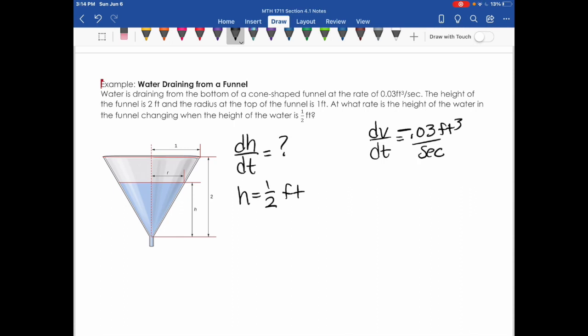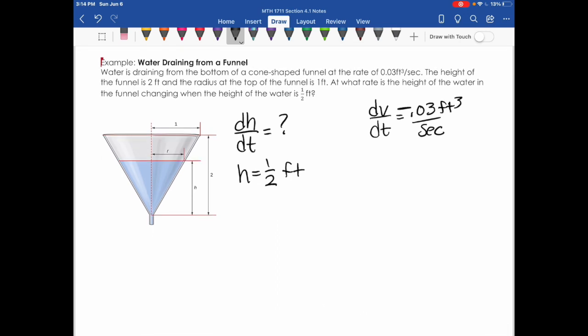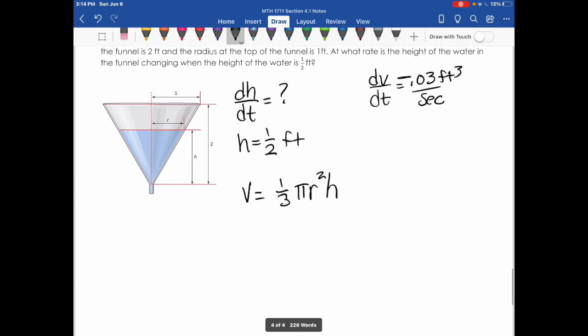All right, so we've recognized our variables here. Now let's determine an equation. If you look up on that reference sheet that I gave you, you should find the volume of a cone to be 1/3 π r squared h.